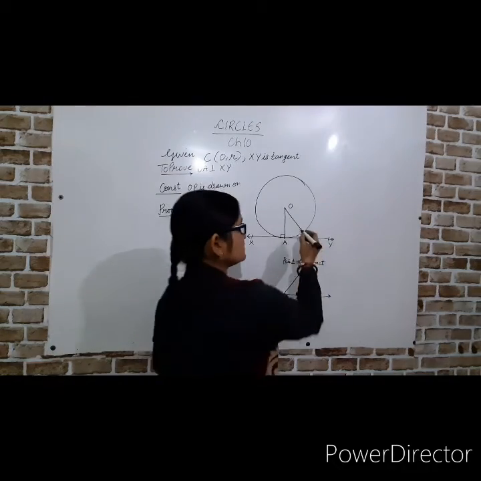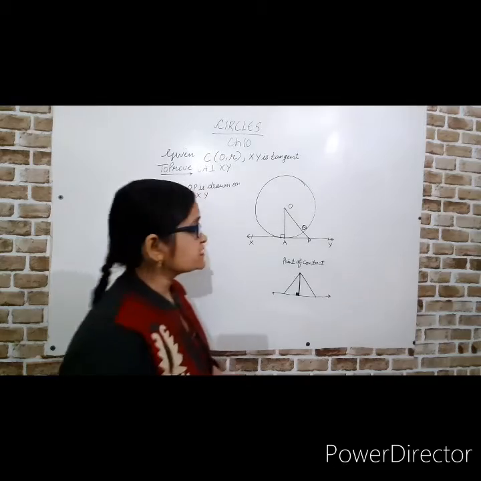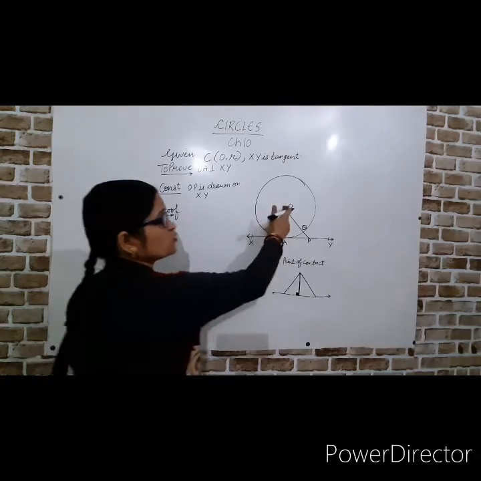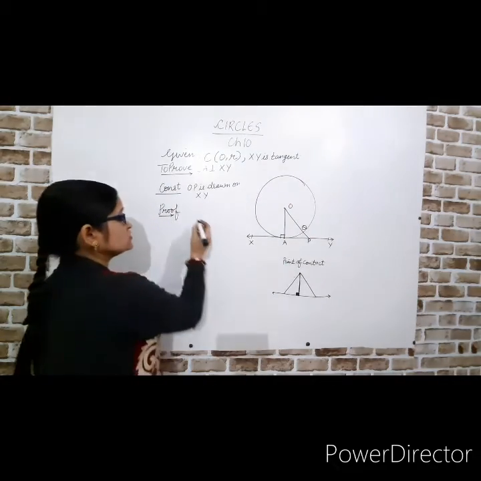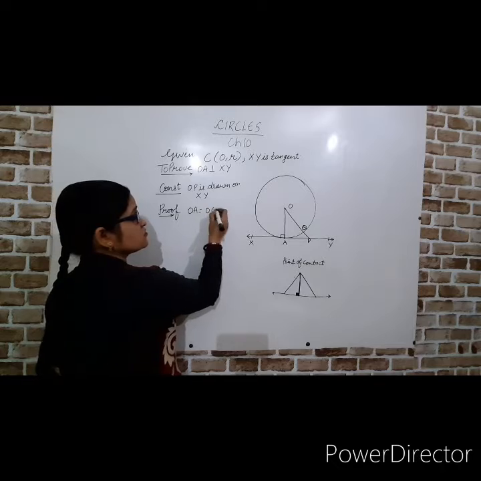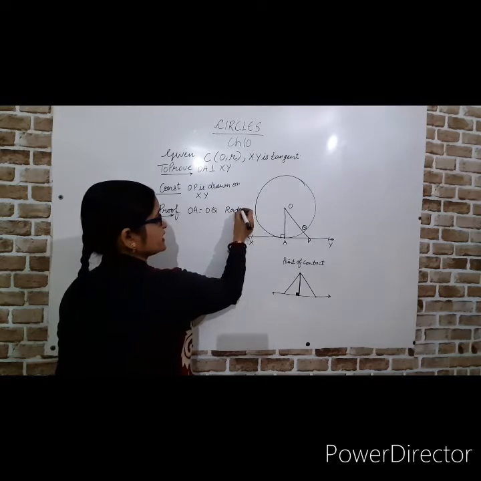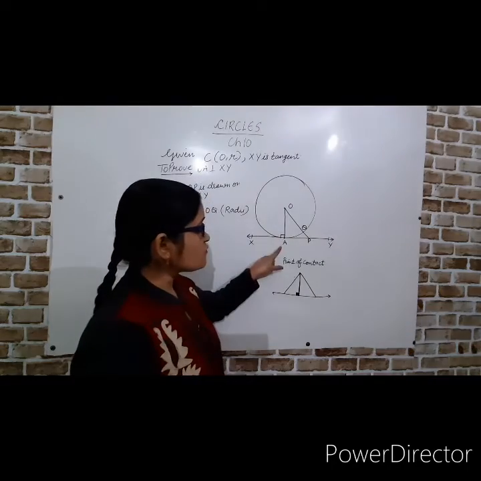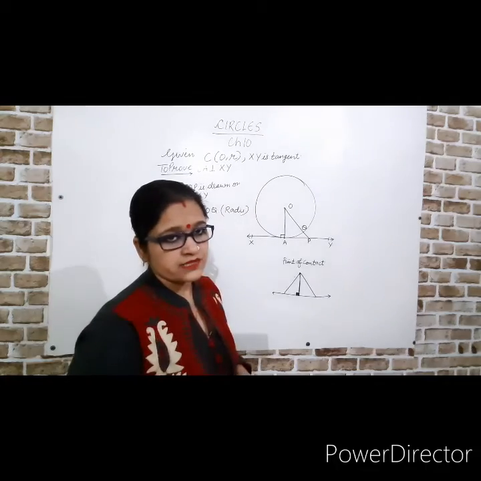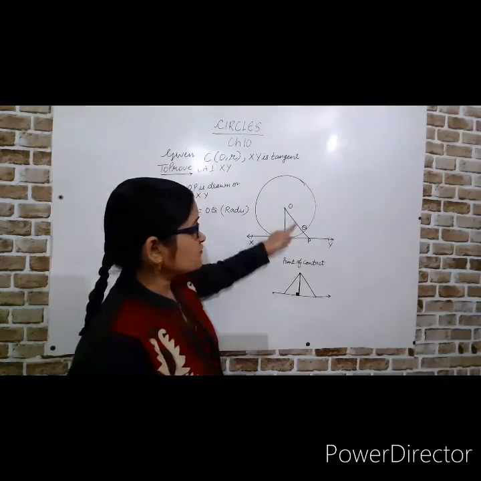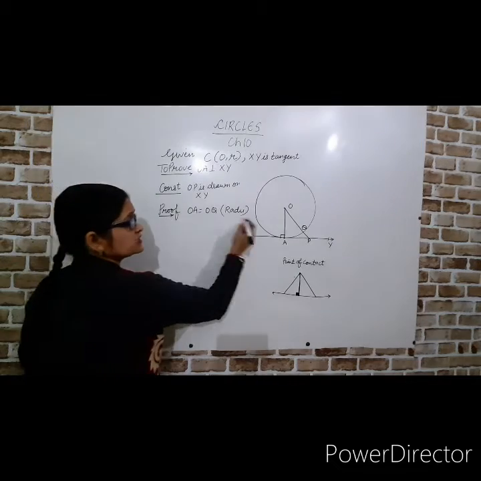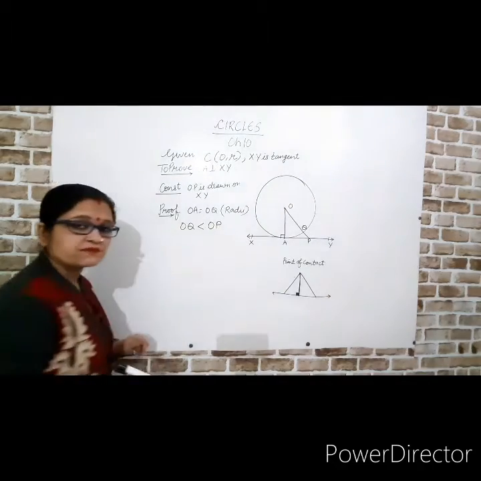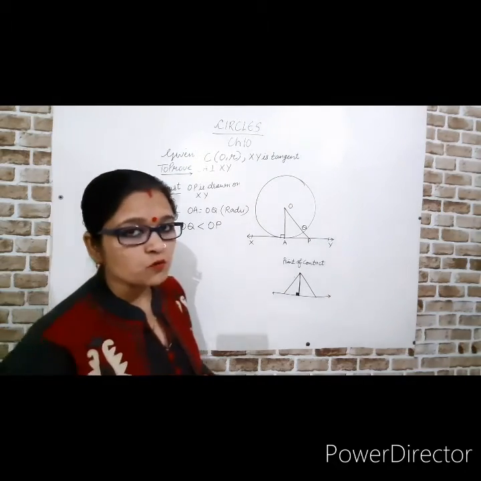Proof. As you know, OP is equal to OQ plus PQ. And OQ is the radius also. So OA is equal to OQ. Both are radii, so they are equal. We have to prove OA is shorter than OP. Or we can write here OQ is shorter than OP, because OQ is a part of OP.